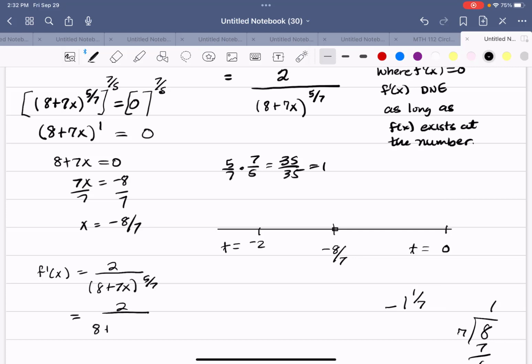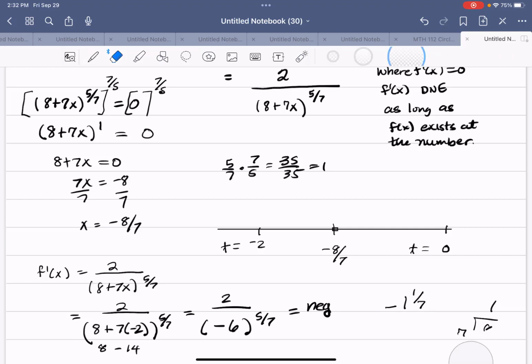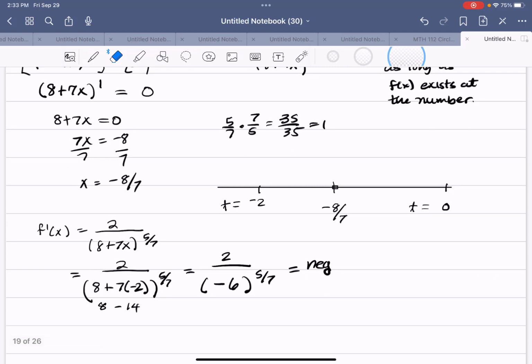So 8 plus 7 times negative 2, all of that to the 5/7 power is 2 over 8 minus 14 is negative 6. And this is going to be a negative number. Okay, you can put that in your calculator, but if you've got an odd root of a negative number, it's going to be a negative.